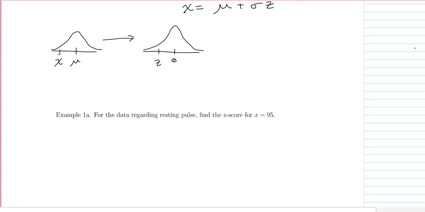So it's the same distance as x is from mu, and so we're preserving distance. We're just changing the scale. We can also think of it like this, where x is on the other side, and when we standardize, here's the distribution, 0, and then the z over here is going to be the same distance away from 0 as x is from mu.